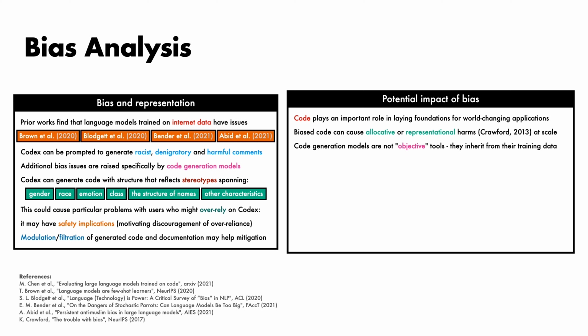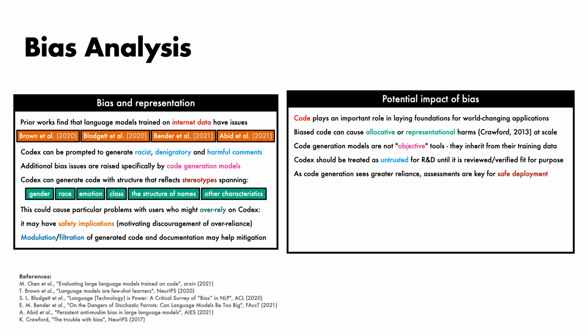Code generation models are not necessarily objective tools. They inherit their model of the world from their training data. For this reason, the authors state that Codex should be treated as untrusted for research and development until users have reviewed and verified its fitness for purpose themselves.